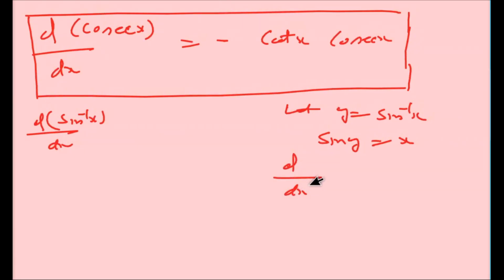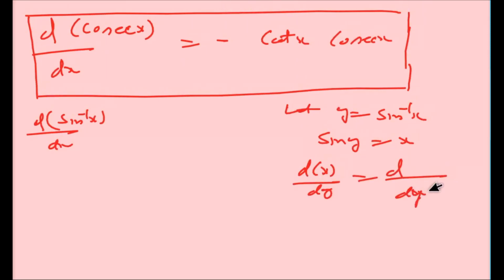Okay, so we will find the differential of sin y with respect to y. Now we can write it this way: dx with respect to dy equal to the differential of sin y with respect to y. Now the letter is changed here. So we are getting cos y.